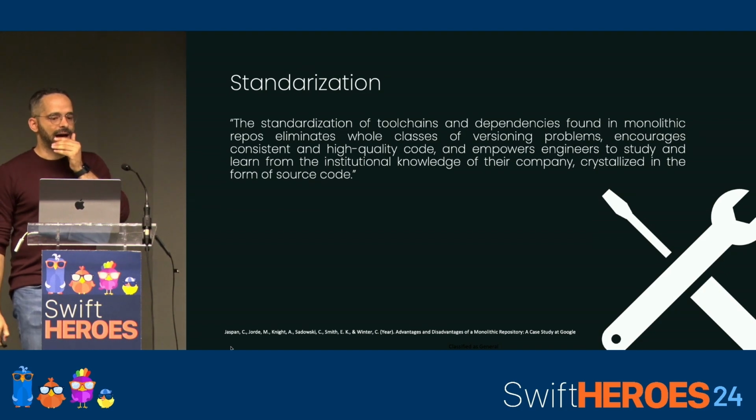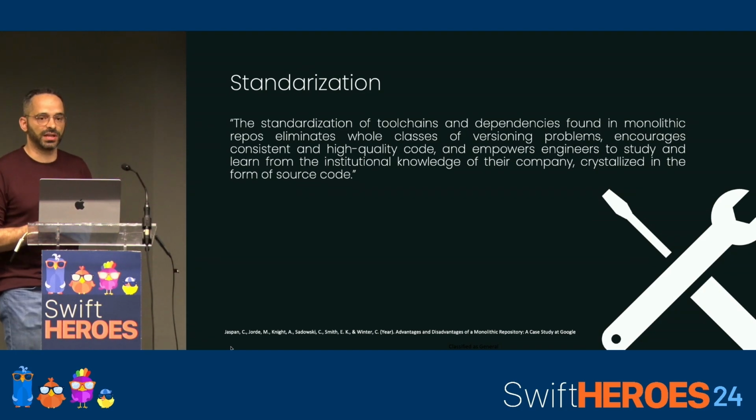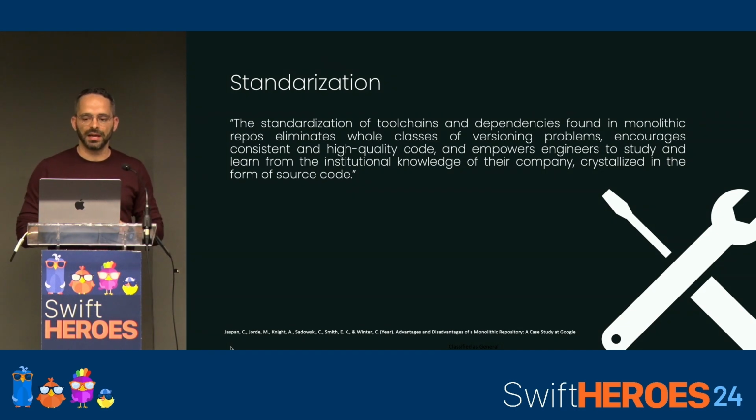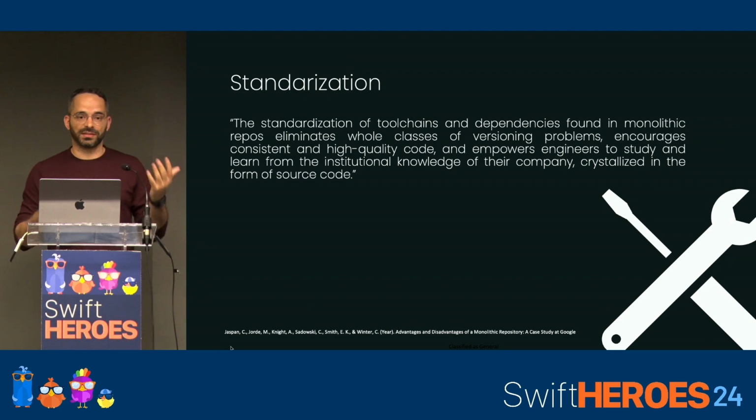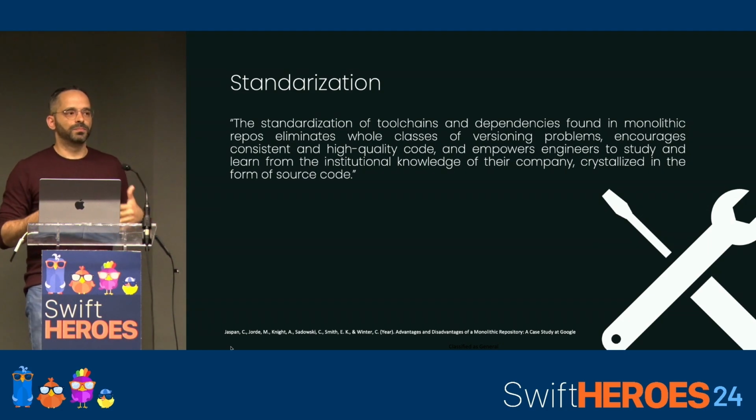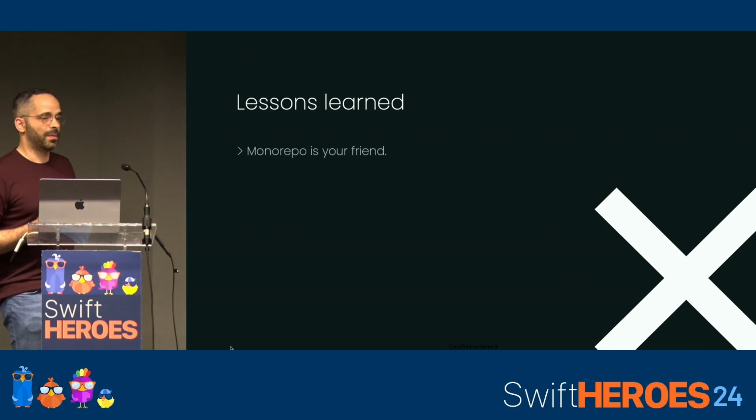So about standardization, we wanted to have a set of toolchains that allow us to improve our velocity, but that governs how engineers interact with the code, including building, testing, browsing, and reviewing code. So our answer for all these necessities, and probably people can be not okay with this, is to use a monorepo.